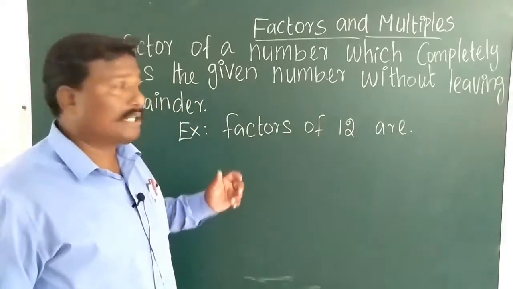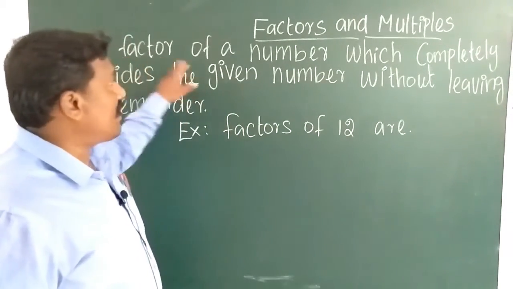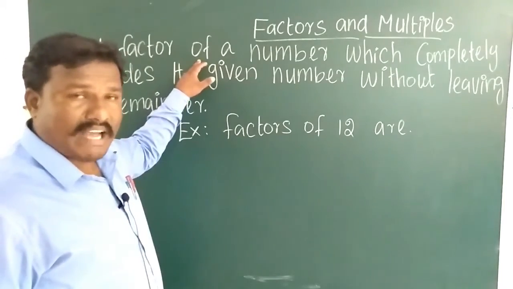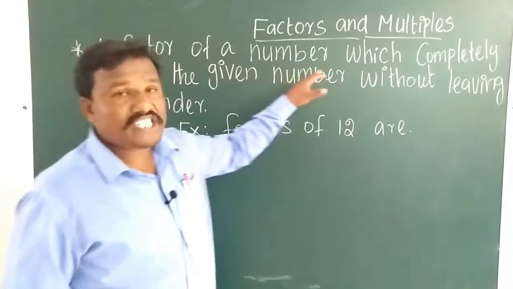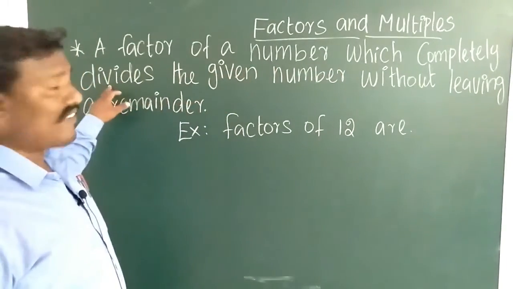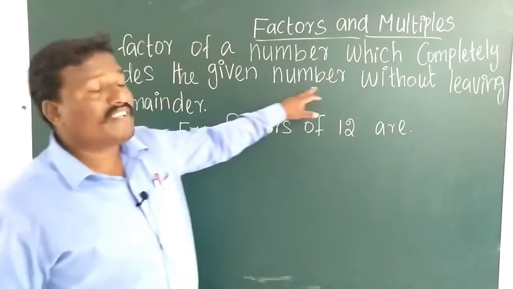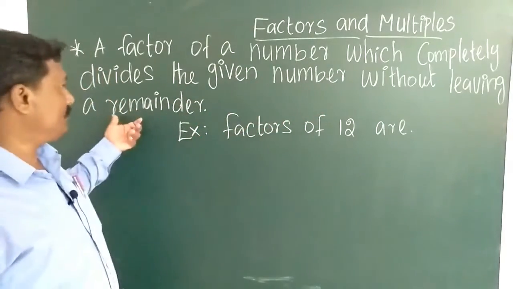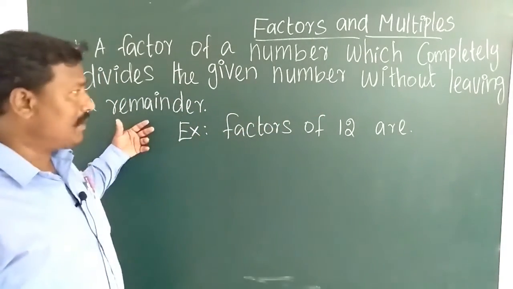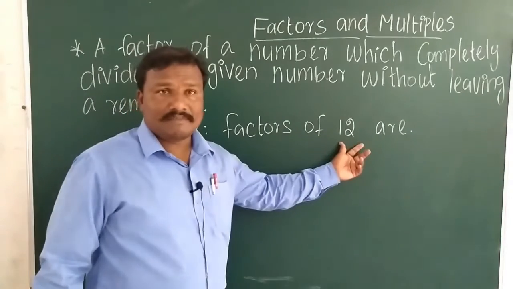A factor of a number is a number which completely divides the given number without leaving a remainder. Example, 12 is a number.